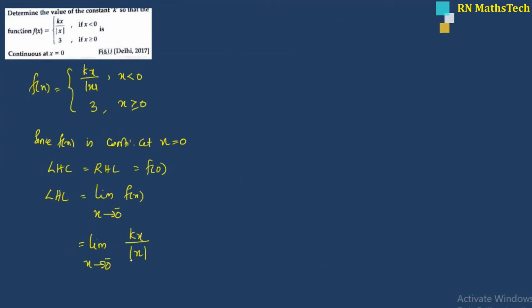Now when x is less than 0, mod x is equal to minus x, that is equal to limit x tends to 0 minus kx divided by minus x, which is equal to minus k. Left hand limit is minus k. So minus k equal to value of the function at x is equal to 0, which is 3. It is minus k equal to 3, k equal to minus 3.